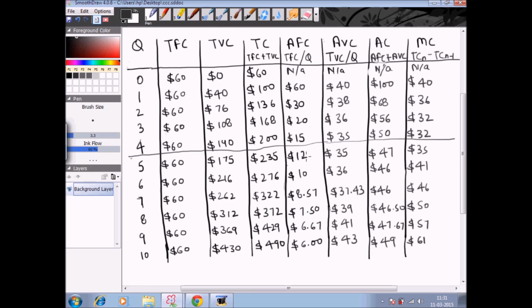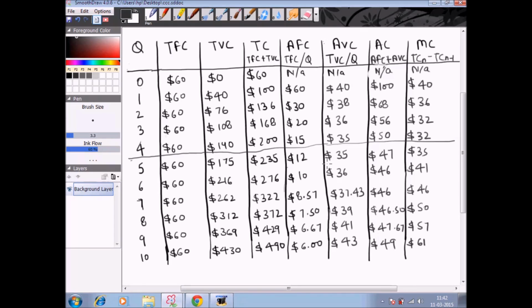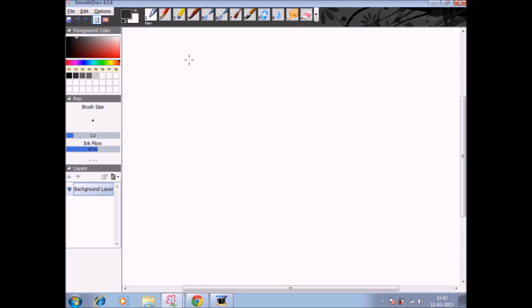So if a producer has to know at what unit of production my profit will be maximum, my cost will be minimum and the productivity also will be maximum, analysis of these various costs will help him to do so. Now we can graphically also represent this and get the various curves. Let's see how a total cost curve will look like in the short run.